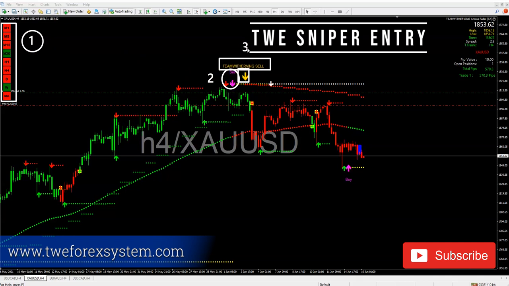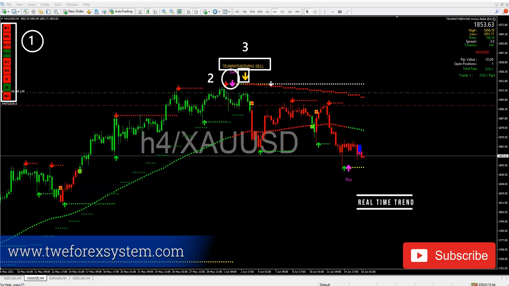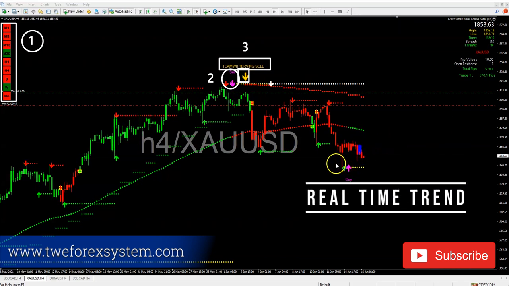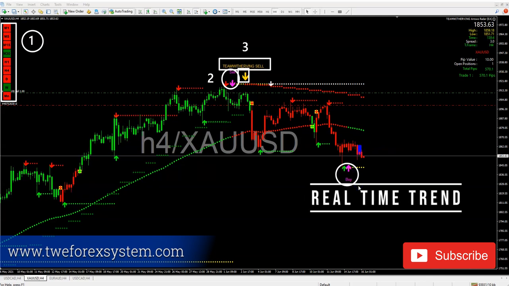And the last thing that you're gonna be doing, guys, is checking what your real-time trend is doing. It doesn't matter if it's doing a pullback or going in favor of the trend, whatever it is doing. In this scenario, if you look here in real time, our multiple time frame is giving us an indication that the market is doing a pullback.